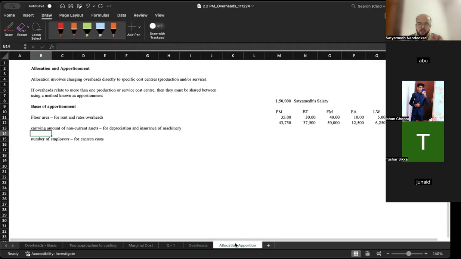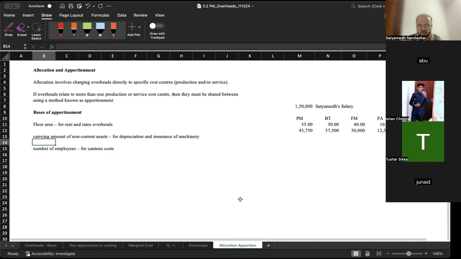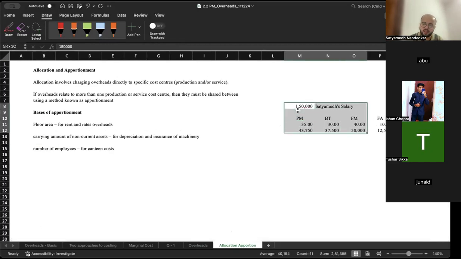Now, we understood what is allocation and we understood what is apportionment. Now, the basis for distribution of cost is the basis of apportionment.